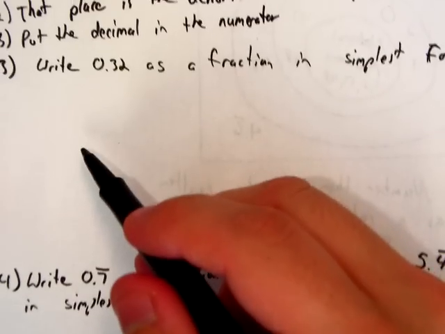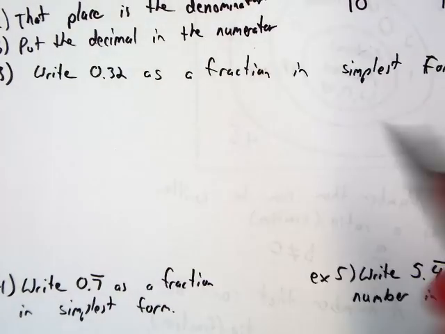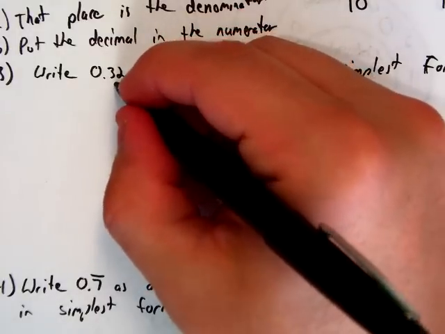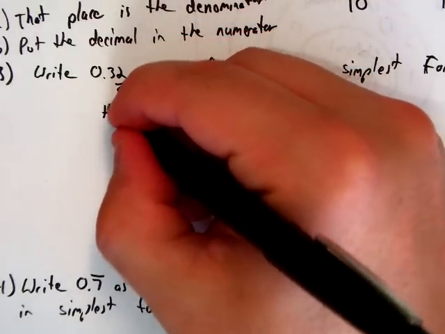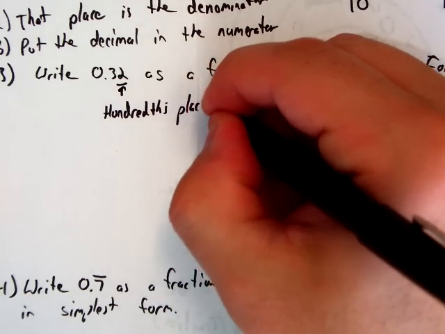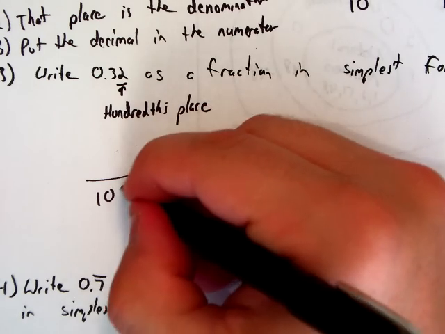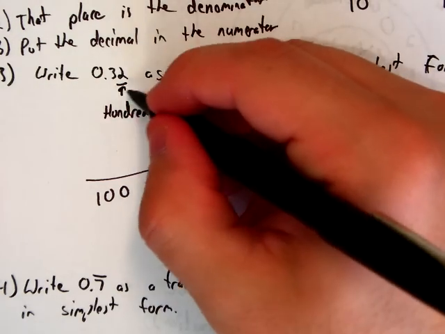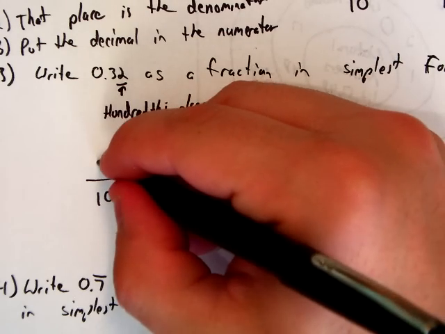So example 3, write 0.32 as a fraction in simplest form. The 2 is in the hundredths place, so the denominator would be 100. The numerator would be 32.